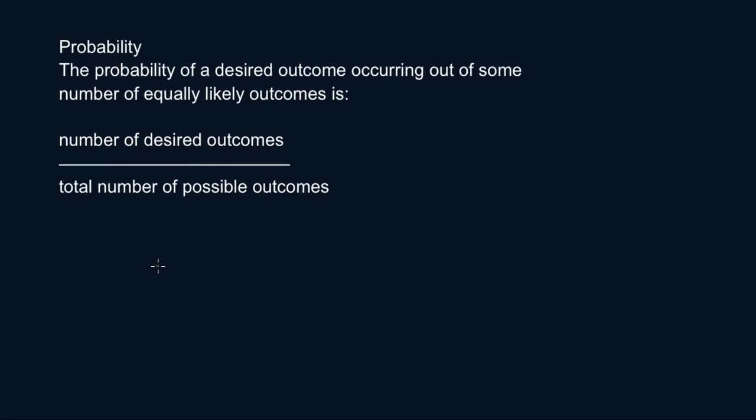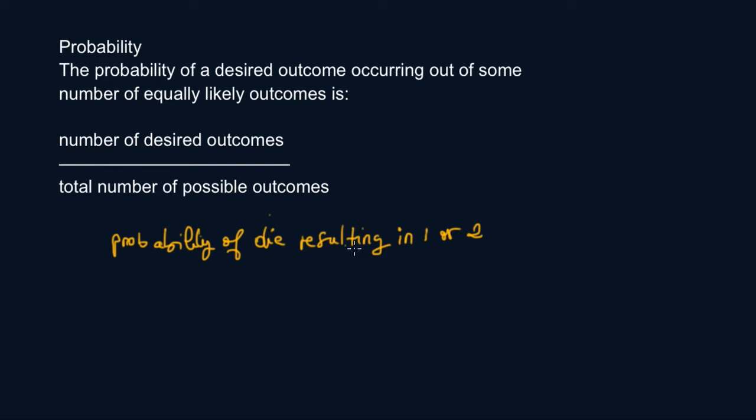What's the probability of a roll of a die resulting in a 1 or 2? Probability of die resulting in 1 or 2.